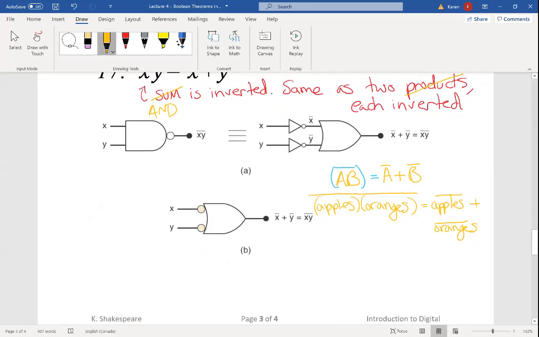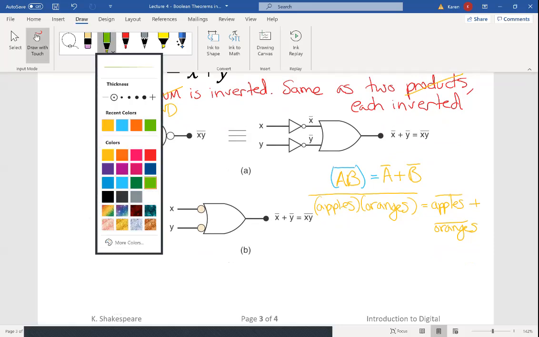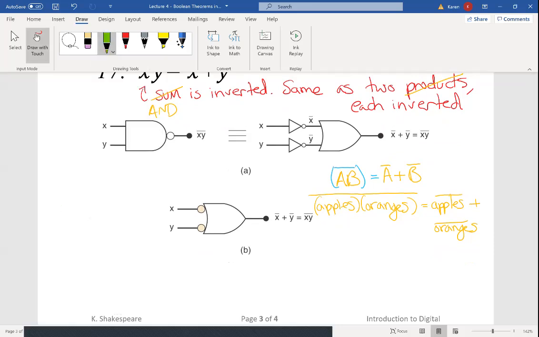So what you've done in DeMorgan's, I'm going to really simplify this, is that both DeMorgan theorems just say, hey, break up the inversion bar and change the sign.